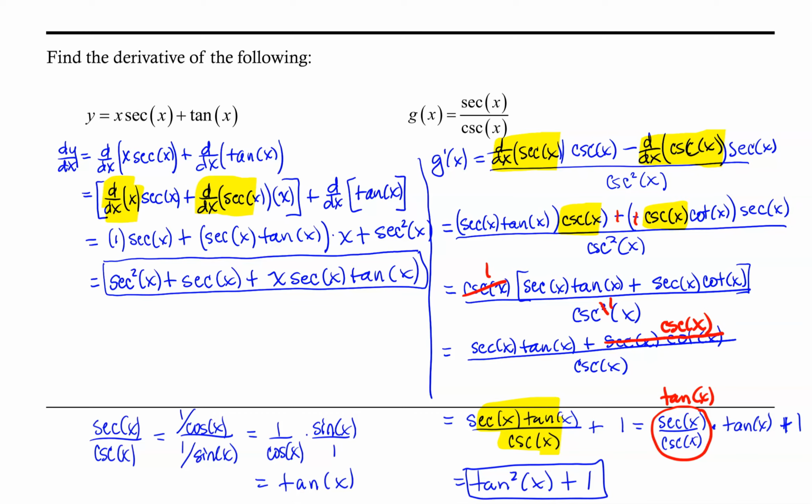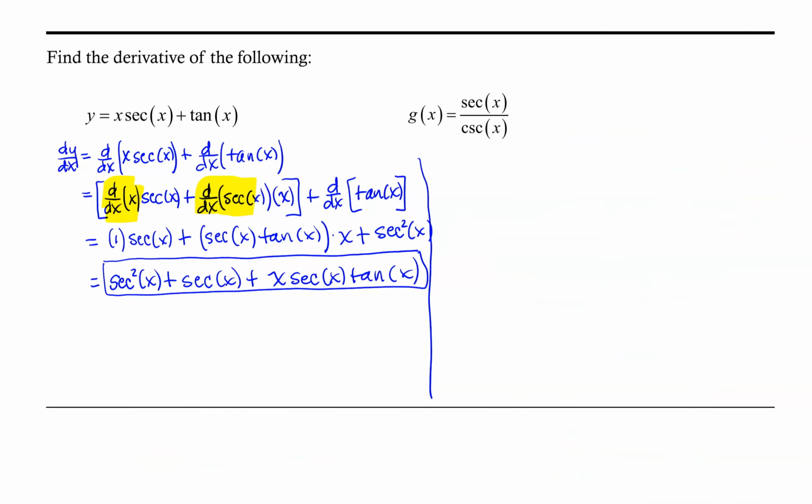But let's go back and think about the original function. What if I had paused and thought a little more carefully about the structure of our original function g of x? And notice that I had in my numerator 1 over cosine of x and 1 over sine of x.